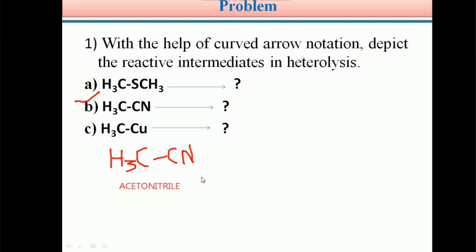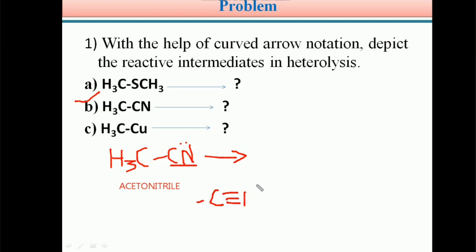Students, if the acetonitrile molecule undergoes heterolysis, the reaction intermediates are as follows. Here this carbon is connected with a nitrogen, which has a lone pair of electrons. In addition, in the cyano group there is a triple bond between carbon and nitrogen.